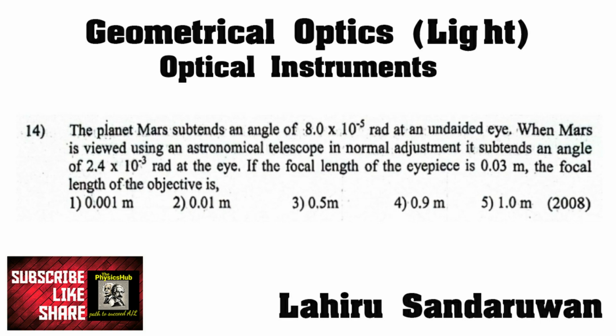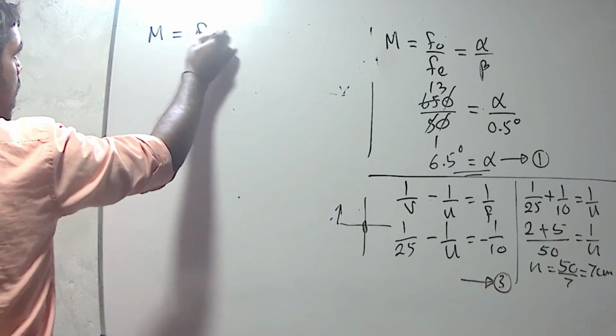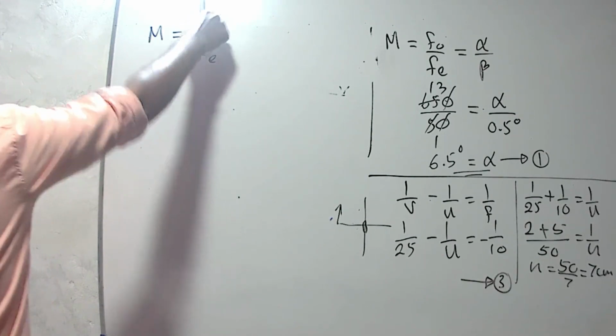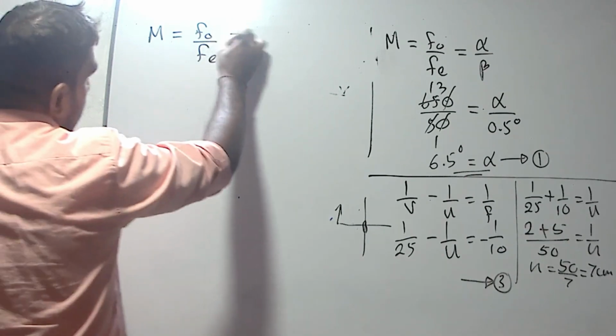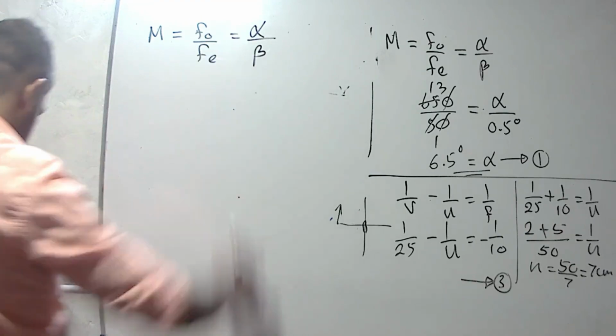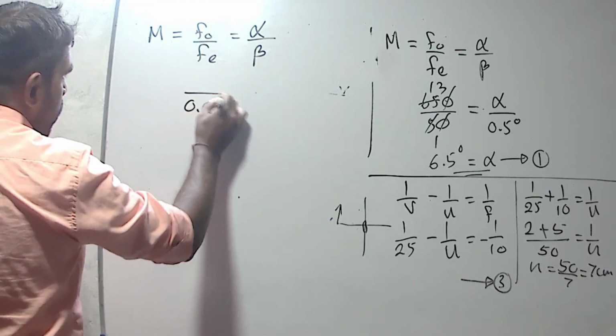If the focal length of the eyepiece is 0.03, the focal length of the objective is? Again we can get the angular magnification as f0 divided by fe, the focal length of the objective lens divided by the focal length of the eyepiece lens, and it is equal to alpha divided by beta.